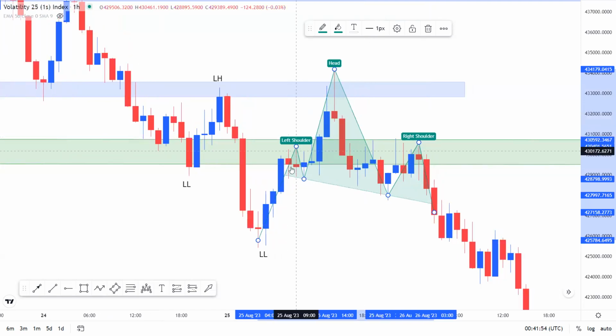You notice that the left shoulder and the potential right shoulder is forming at where? At our structured level, our daily structured level, like we had established when we took a look at the daily time frame chart, and also now with this level being also our 1 hourly time frame structured level.